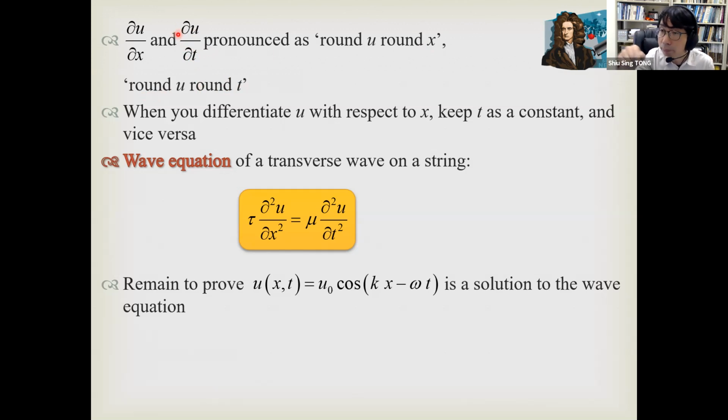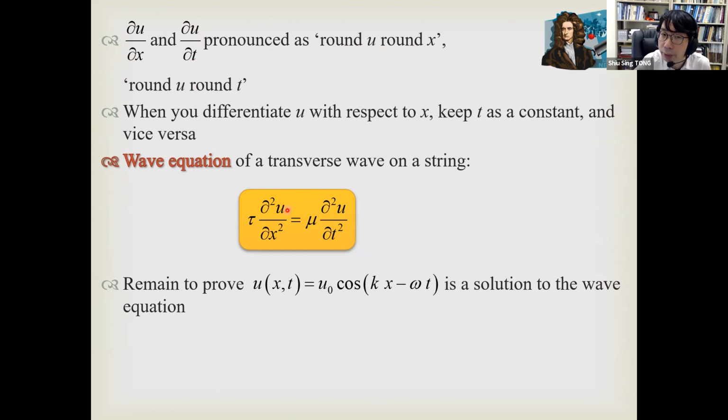So the symbol, which is a laterally inverted 6, is commonly called round. Okay, so you can call this derivative round u round x, and you can call this derivative round u round t. Just like when it's a full derivative, you call it du dx, right? Now you replace the d with the round. The round is a partial derivative.